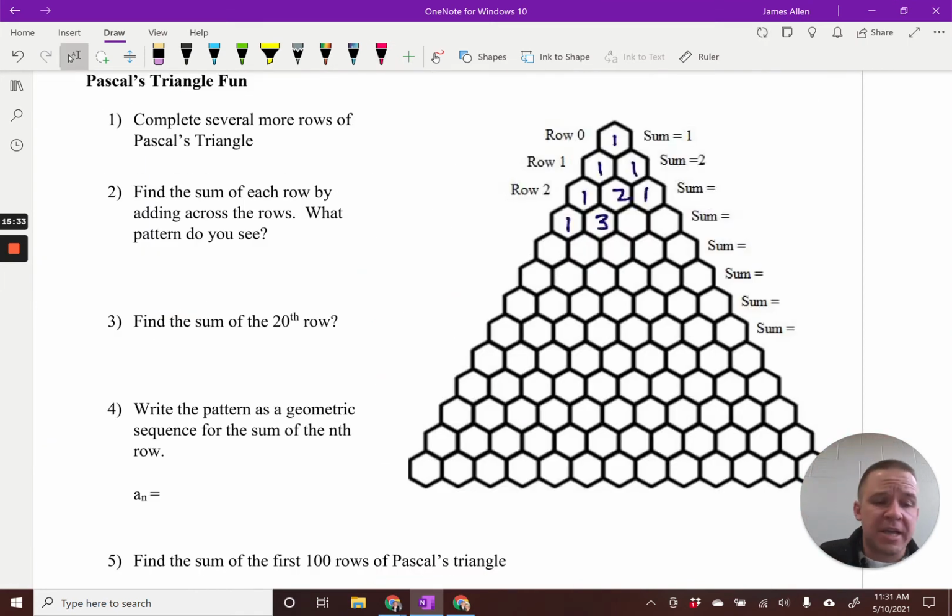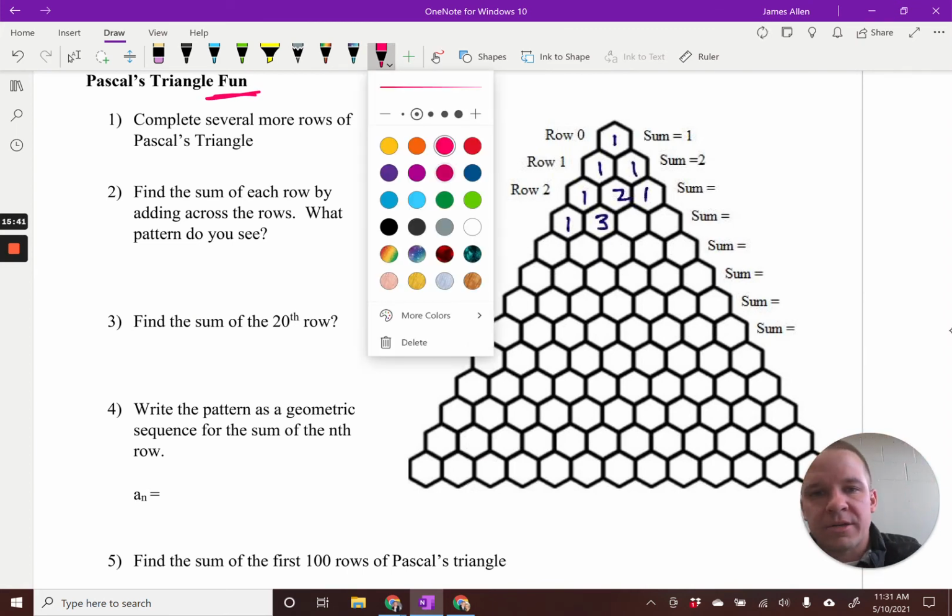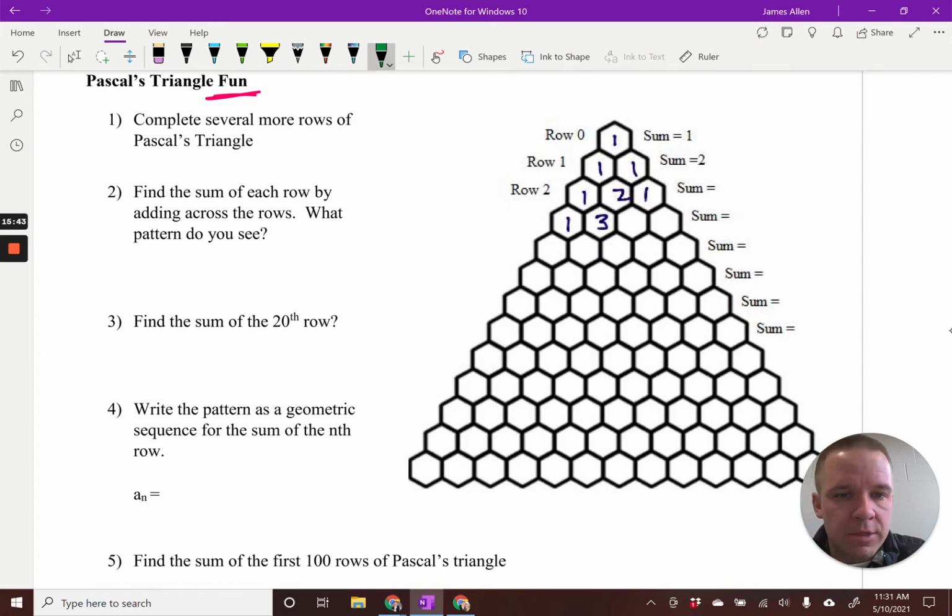All right. So for this one here, Pascal's triangle, fun. Okay. So this is going to be fun. Tell you what. Let's complete some more rows of Pascal's triangle, shall we? So we'd have 3 and 1, right? 1, 4, 6, 4, 1. 1, 5, 10, 10, 5, 1. 1, 6, 15.